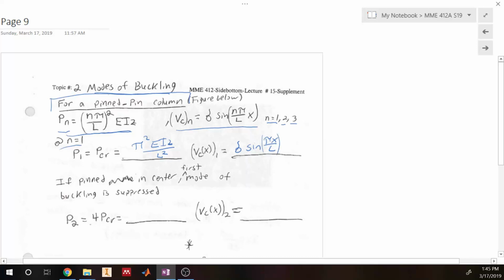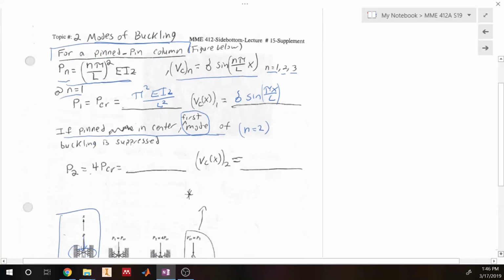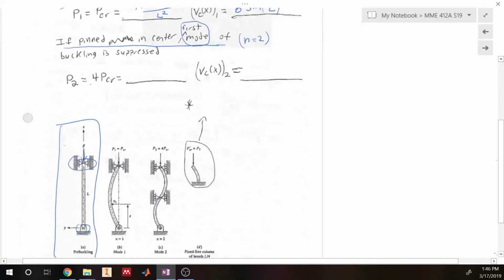In some cases, you can reinforce columns by adding additional supports, such as if you add a support in the middle of the column. In that case, the first mode of buckling is suppressed, so the next mode of interest would be when n is equal to 2. That's our second mode of buckling, which is described visually in this equation here.